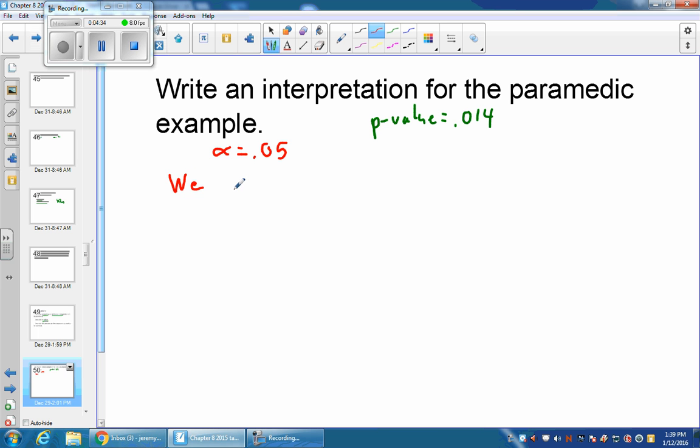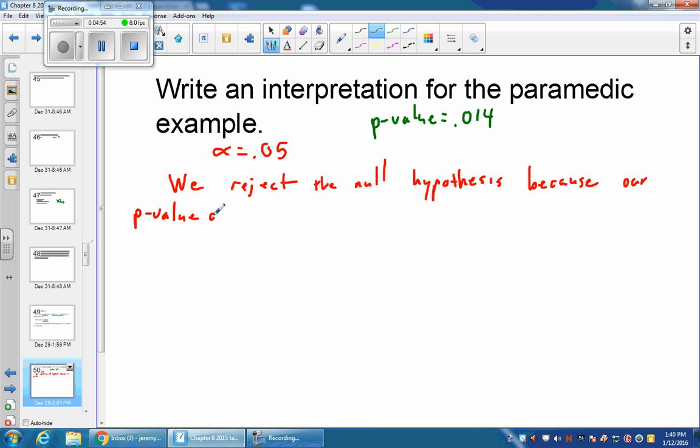We can say we reject the null hypothesis because our p-value of 0.014 is below our alpha = 0.05. So that's one thing we need there. We need to reject it, have our p-value, and link it to our alpha level.